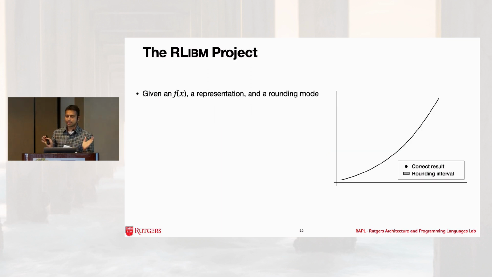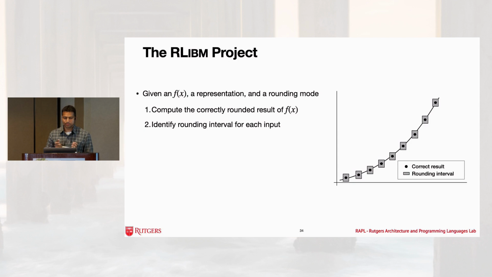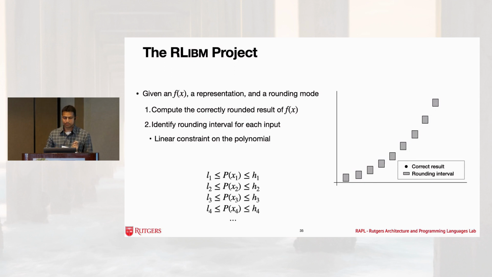So how does the RLIBM approach generate this polynomial? First, for each input, we compute the correctly rounded result of f of x using an oracle like the MPFR math library. Then, for each correctly rounded result, we compute the rounding interval.